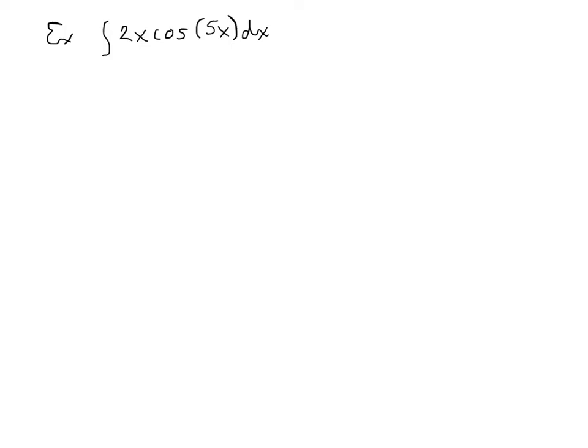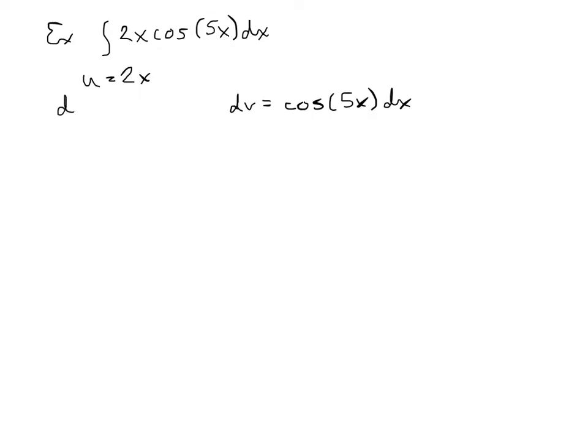It makes the derivative have a degree less than it had before. That's one of the little hints on this. So I want to pick u as 2x, and I'm going to pick dv as the cosine of 5x, and I'm going to include the dx with that dv.